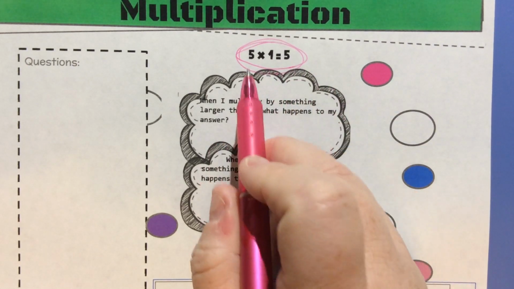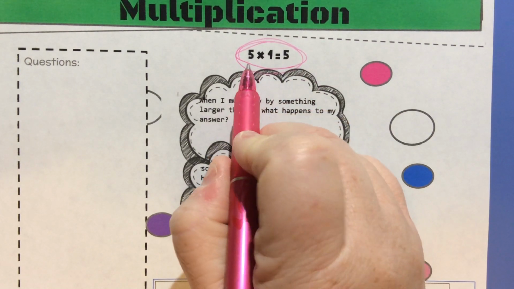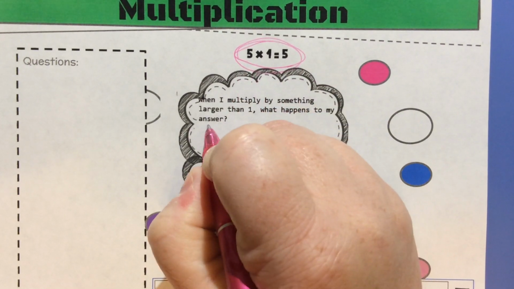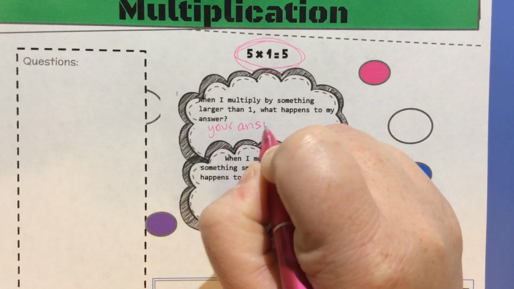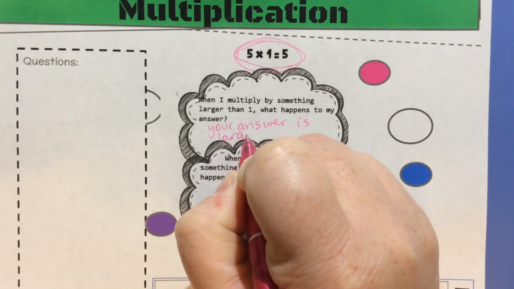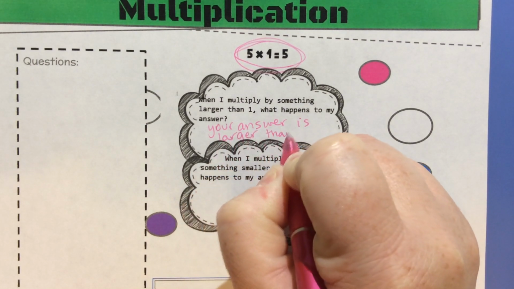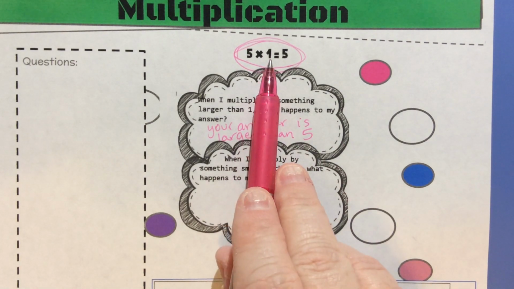Anything larger than 1, your answer gets bigger. Your answer is larger than 5, okay? Every time, if I'm multiplying by something bigger than 1.